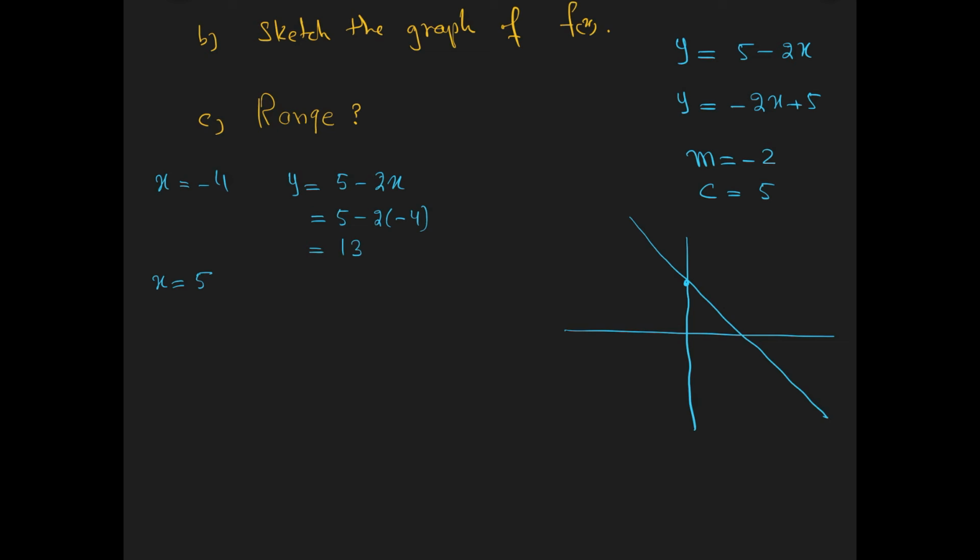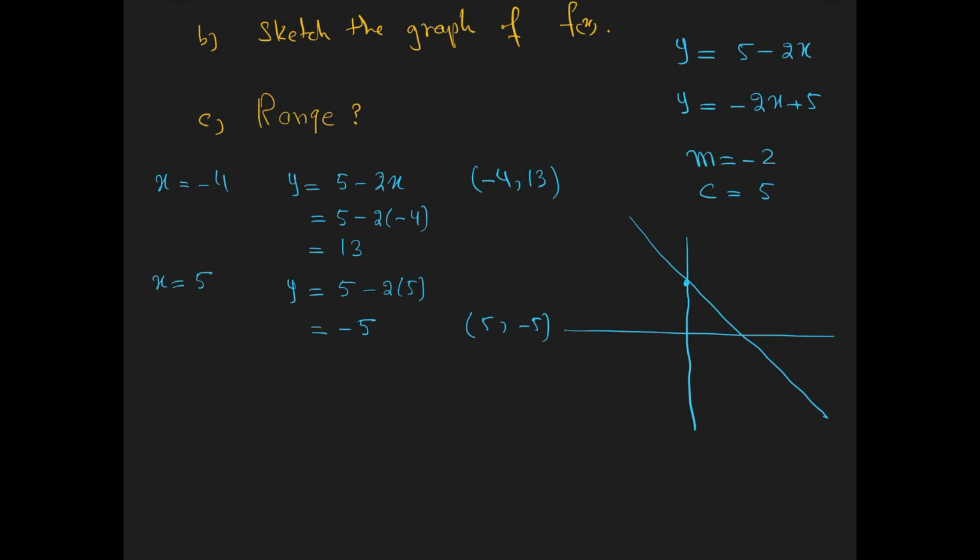And when x is equal to 5, y is equal to 5 minus 2 into 5, which gives us 5 minus 10, which is minus 5. So when x is minus 4, y is 13, and when x is 5, y is minus 5.